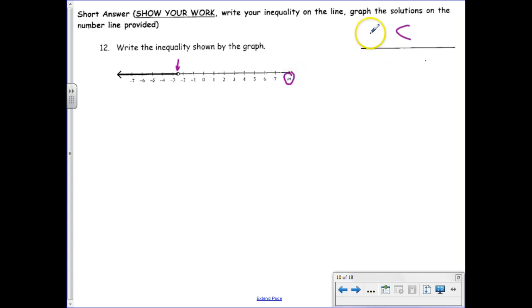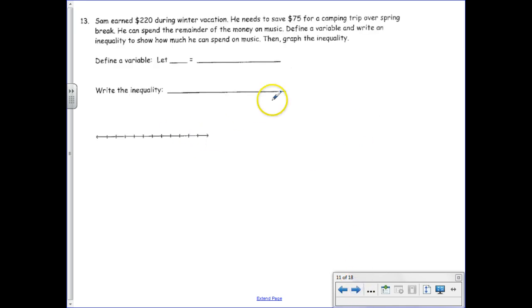Here, they actually put a little letter m, so I'll use m. M is less than, oh, well, what's that number? I don't know. It looks pretty close to negative 2.5 to me, so that's what I'm going to write, negative 2 5/10. If you had something close to that because it wasn't specific there, that's okay. But this is what I would be looking for, okay? The symbol and that it's less than.